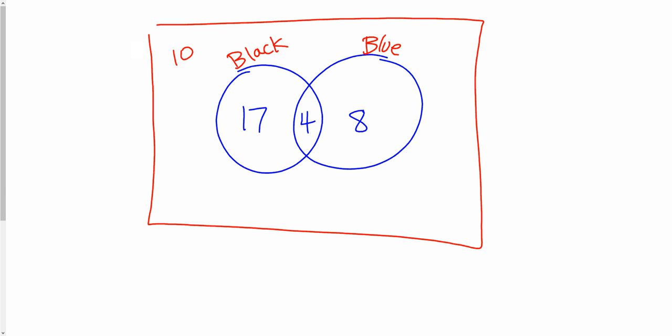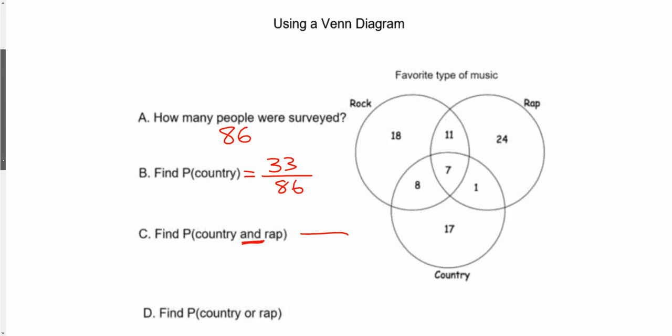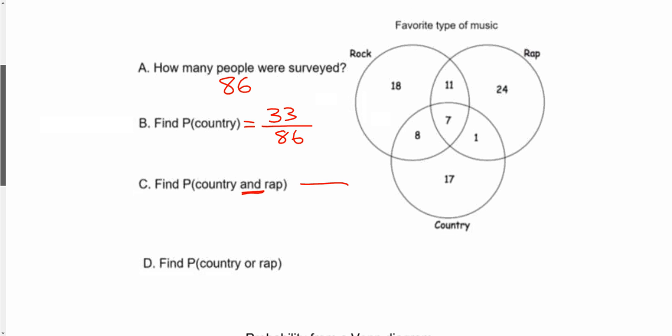So you see where to look? What does and mean when you're looking at a picture? Where do you look when I say and? Kind of in the overlap, right? The part that is shared. So in this question, when it's asking for the probability of country and rap, we look at country. Whoa. We look at rap.